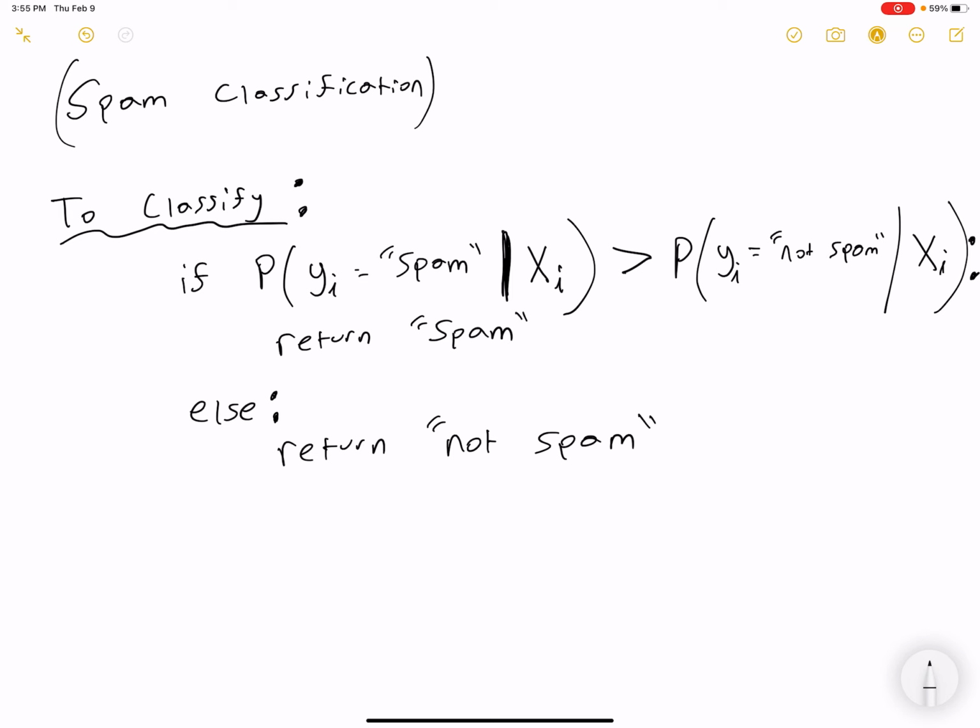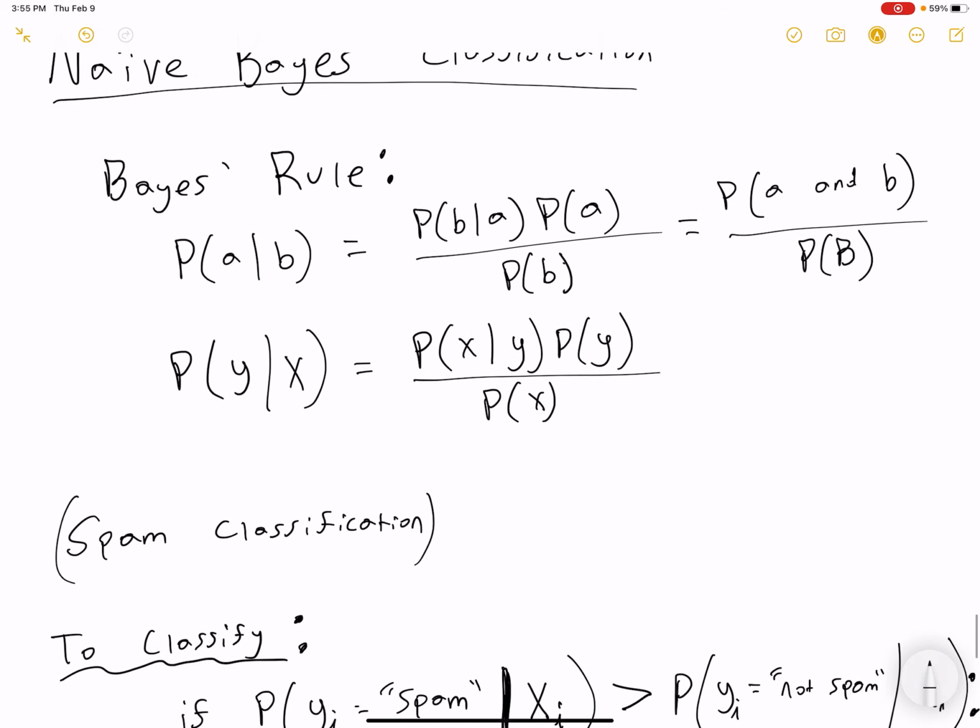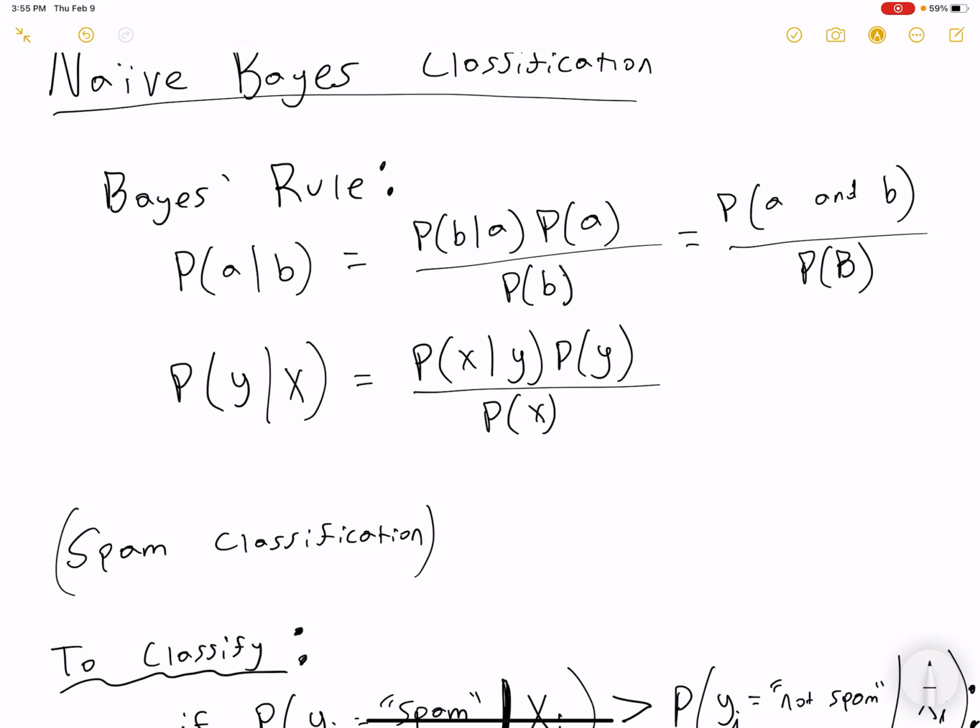Yes. So you could also just say P(y equals spam) is greater than 0.5, you return spam, right? Yeah, you can, but in practice you don't do that because it's kind of a pain to calculate this denominator of Bayes' rule, and you don't really need to do it because the denominator is the same for the data point regardless of which class you're looking at.